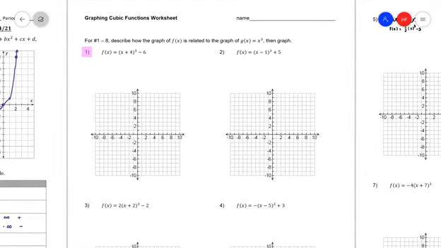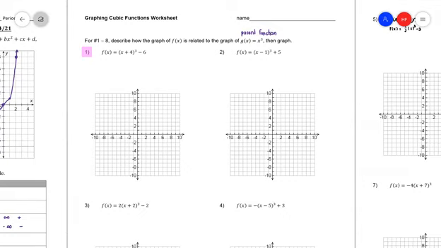So on the examples, I'm going to do 2 of them with y'all, and then the rest of them will be for your homework. So we are describing how they are related to the parent function, and then we're graphing. So essentially what we're doing is listing the transformations and then graphing.